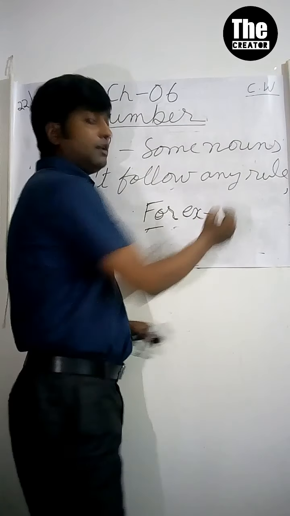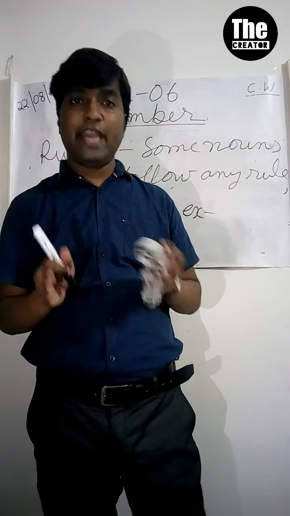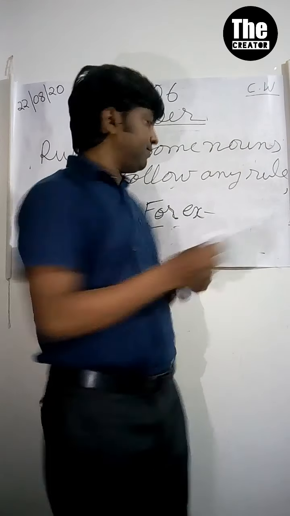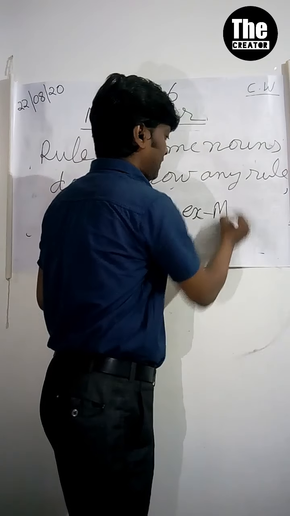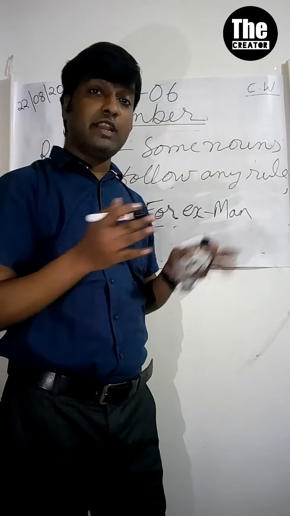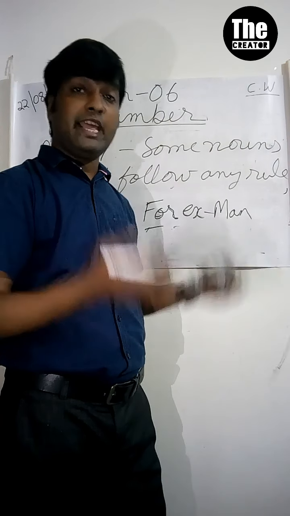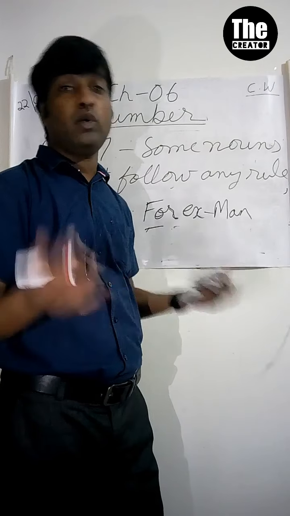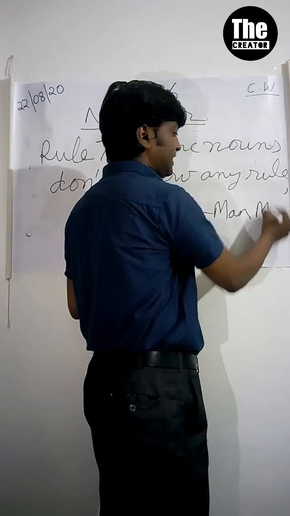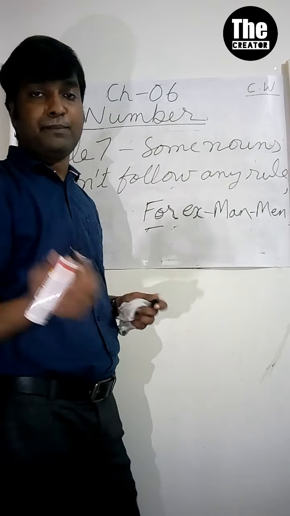For example, if we talk about man, M-A-N. Man is the singular form. So we can't actually add S over there. We can't actually add IES, VES. We can't do anything in that. What you need to do, you just need to change the spelling. M-E-N. As simple as that.